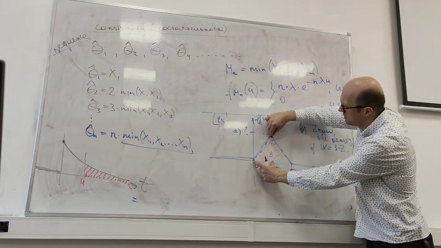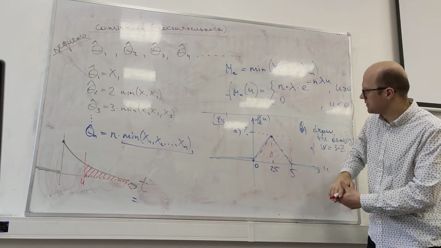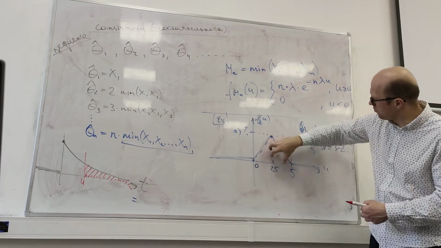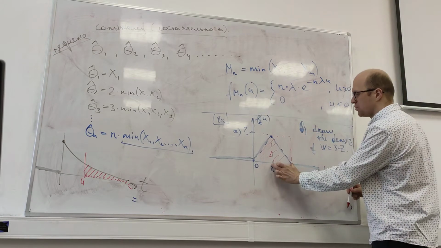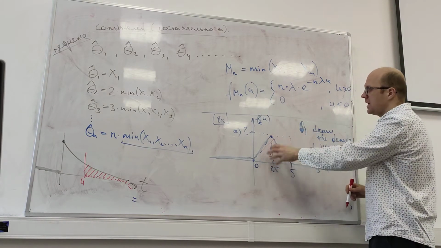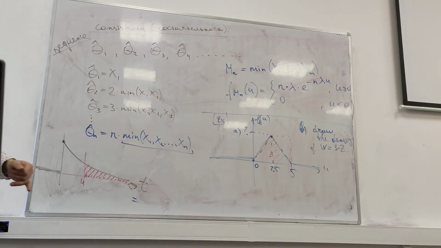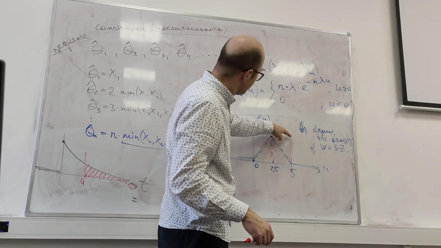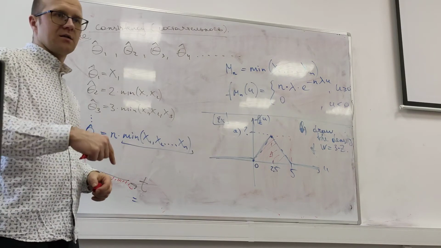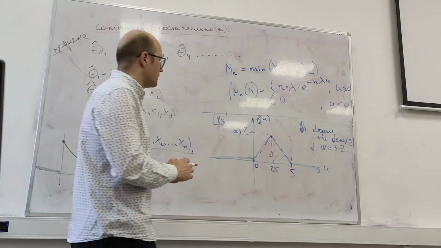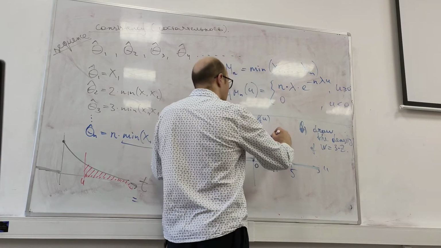If I cut the left triangle and move it here, I will obtain a rectangle. This side is 2.5. To make the area equal to 1 without any integrals, I can say that this side of the rectangle should be 1 over it.